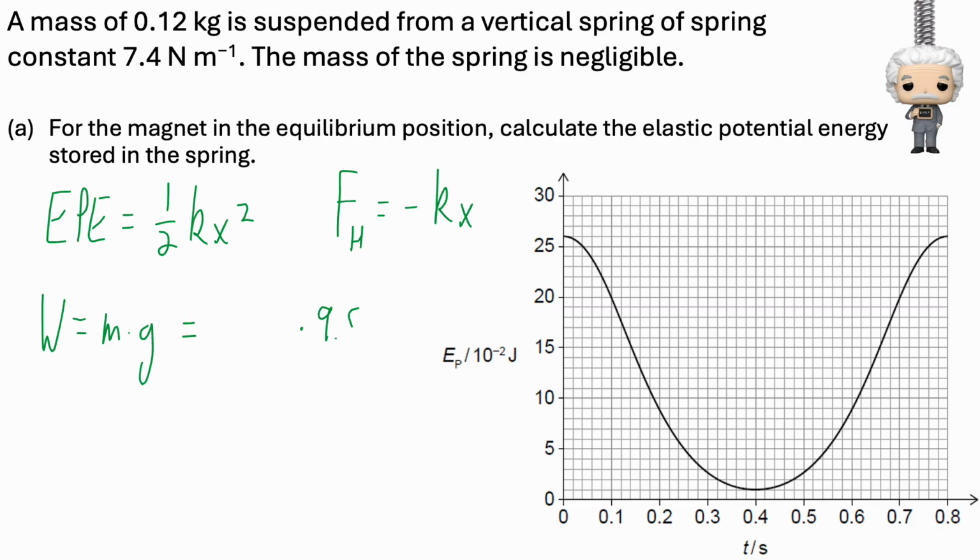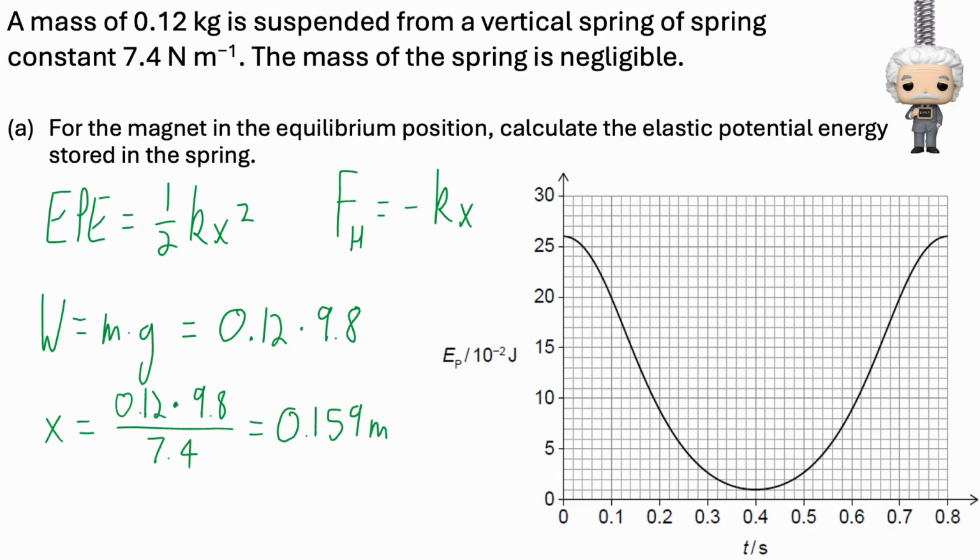So, first of all, we need to figure out how much it is extended by when the mass is on it. Using the formula for weight, mass times gravitational field strength of Earth, which is 9.8, that gives us the force, because this weight is going to be giving us this force.